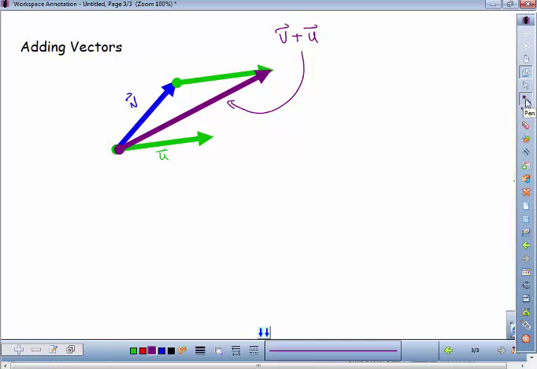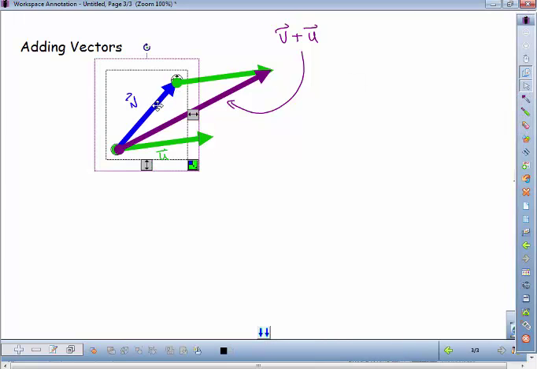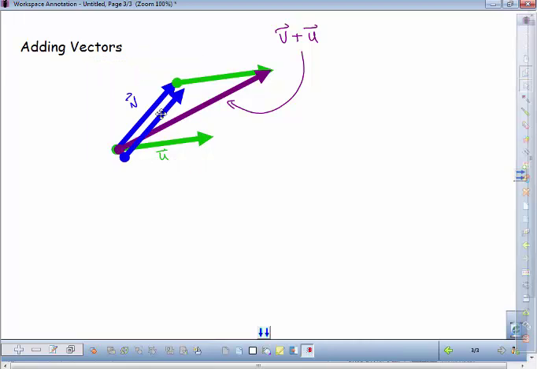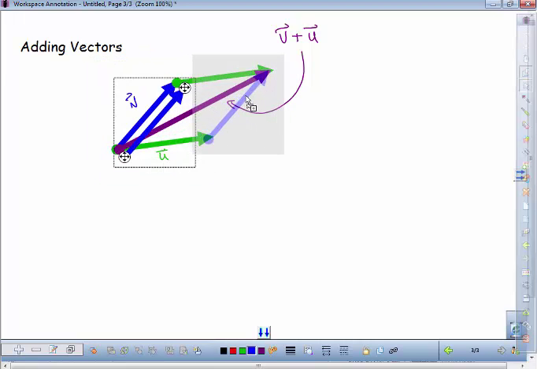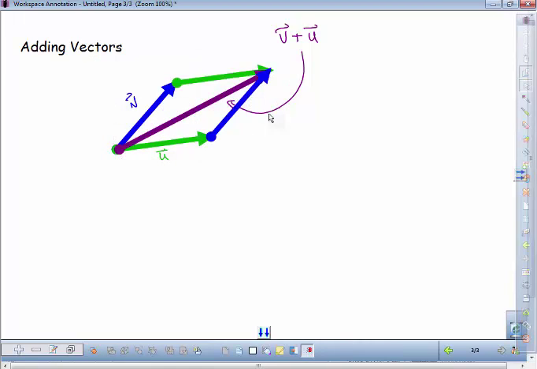Or if you switch the order, you would complete this sort of parallelogram to have your drawing.